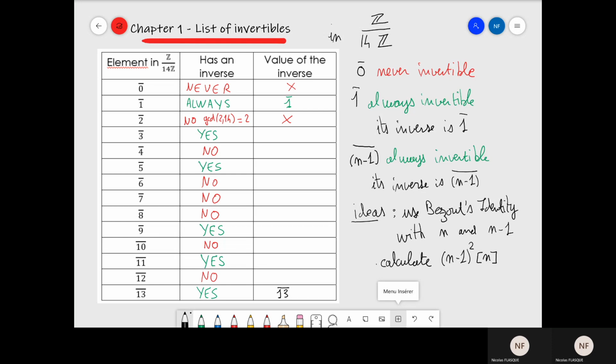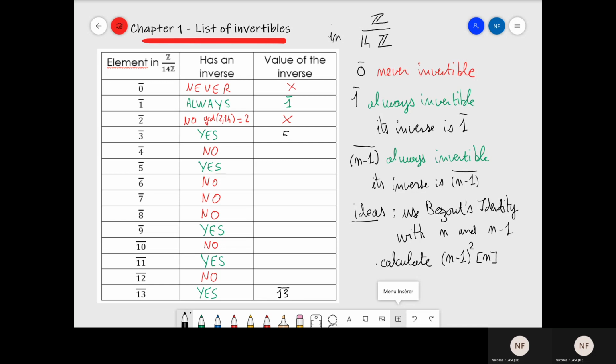So now, what about the value of the inverses? There are 2 ways of doing that. The first one is to use the extended Euclid algorithm, or try to find an inverse, let's say because the values are small. For example, here for 3 bar, we know that 3 bar times 5 bar is 15 bar, and 15 modulo 14 is 1.